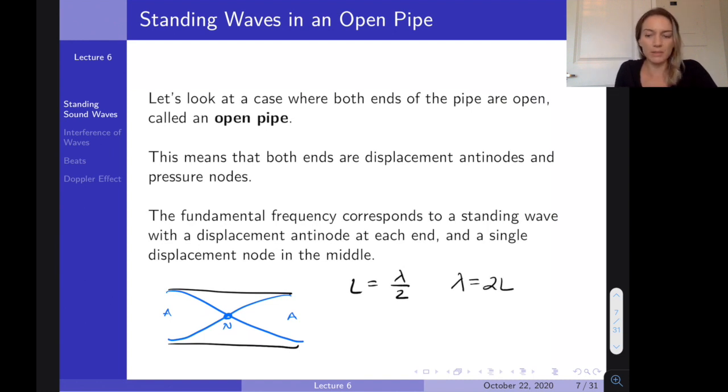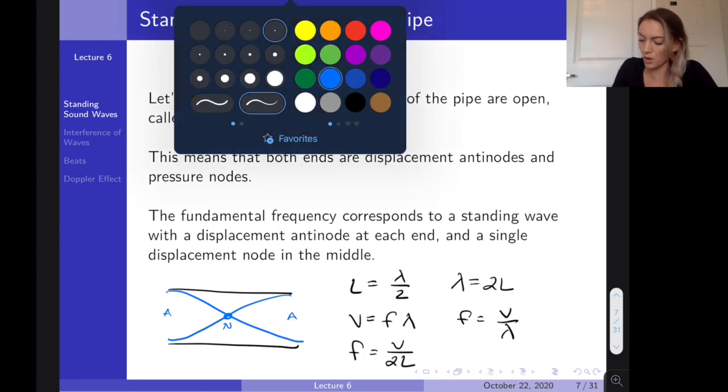And I can find the fundamental frequency. Velocity is frequency times wavelength, so if I solve for frequency, I get v over lambda. So my fundamental frequency, the lowest frequency I can get, is v over 2L. This is my fundamental frequency for an open pipe.